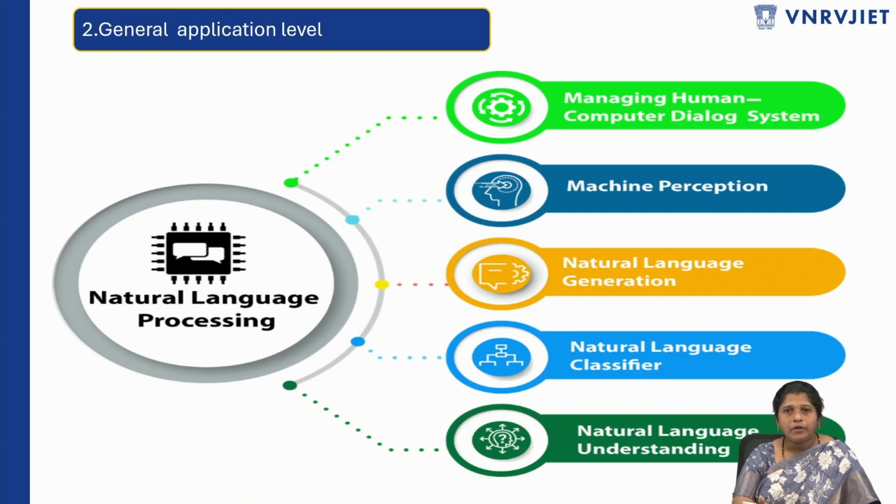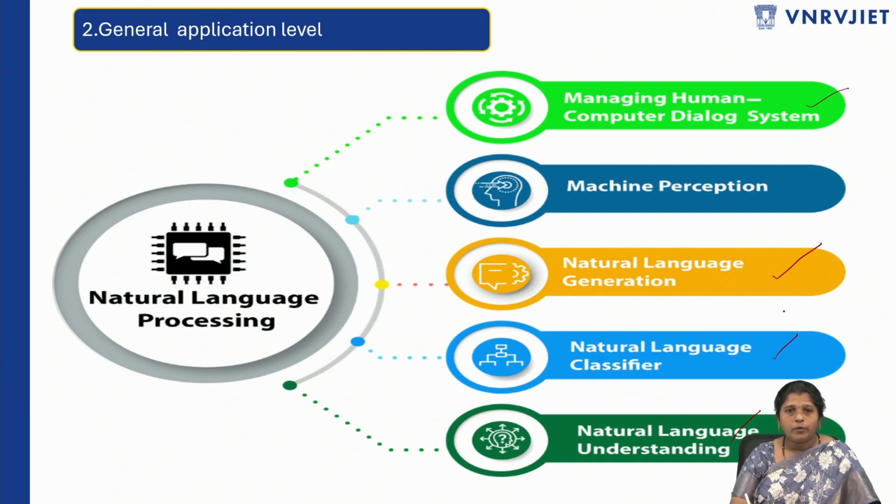Next, if we want to use NLP for general applications, then it comes down to three domains: natural language generation, natural language classification, and natural language understanding. If you want to perceive and analyze the dialogue system, then it is about the computer dialogue managing system.